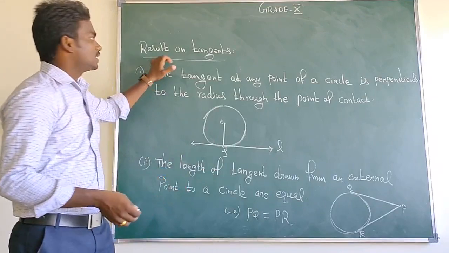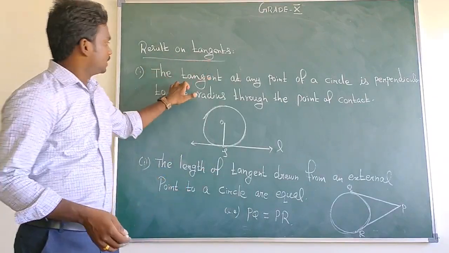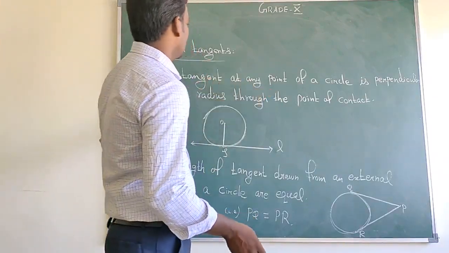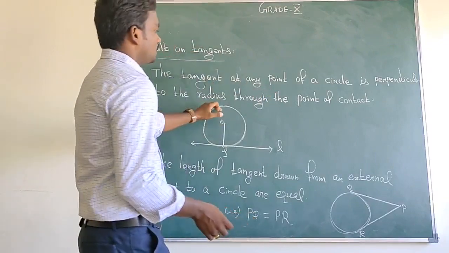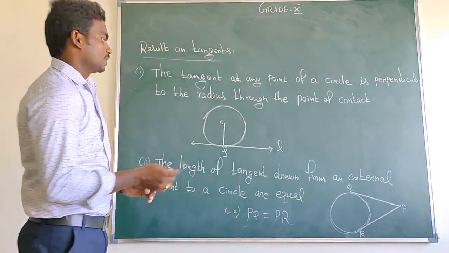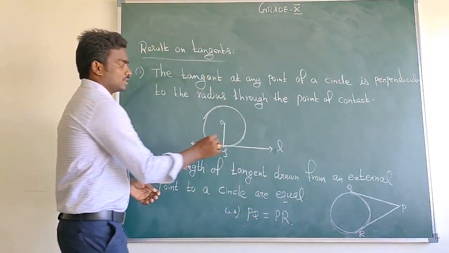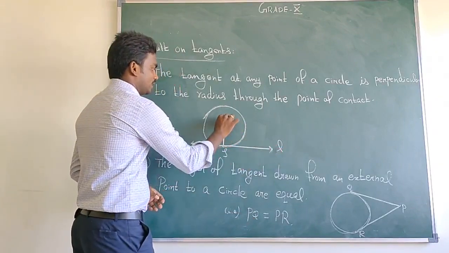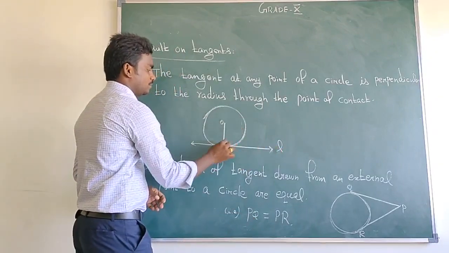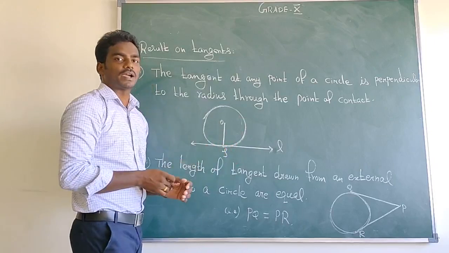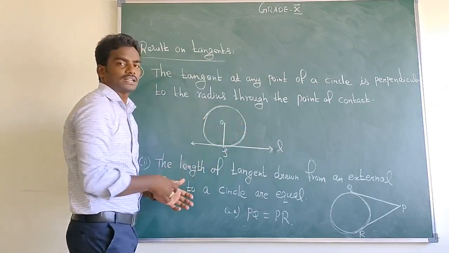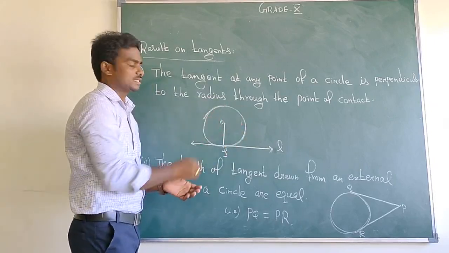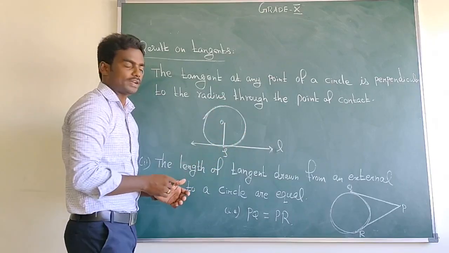Next we see the result on tangents. The tangent at any point of a circle is perpendicular to the radius through the point of contact. The line L and the circle meet at the point S, which is called the point of contact.